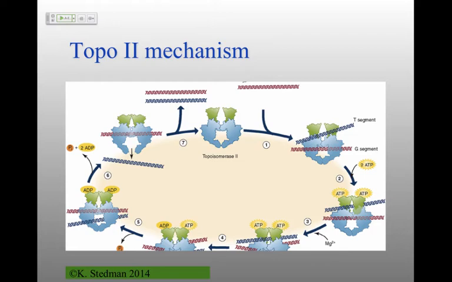Questions on supercoiling at this point before we move on and talk about RNA structures? Yeah? Will the topos continue going until it's done, like all the way around the strand, or does it only do like one little? So the question, I think, mostly has to do with processivity of topoisomerases. So once you've cut, how do you know to stop? And that's basically the question. And that's, in fact, a great question.